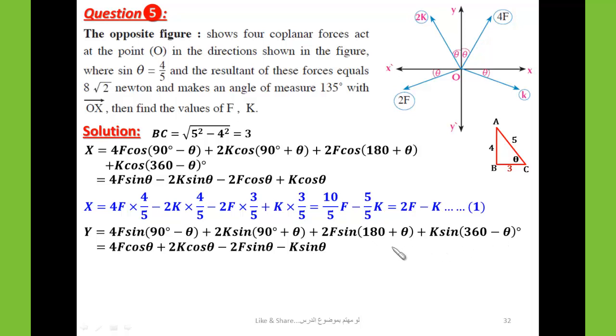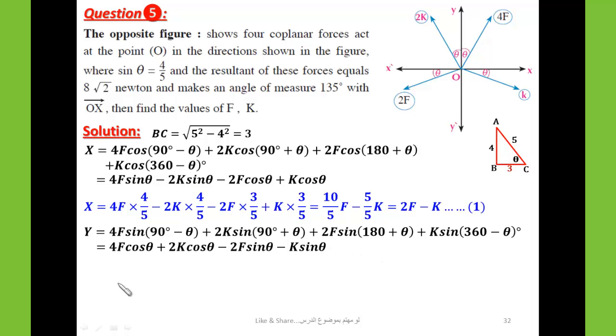Don't forget that this angle 90 minus theta is the measure of the angle between the force 4f and the positive direction of x-axis. The same applies to the other forces, to k and to f and k.